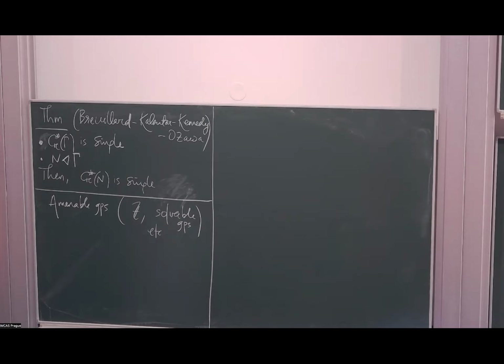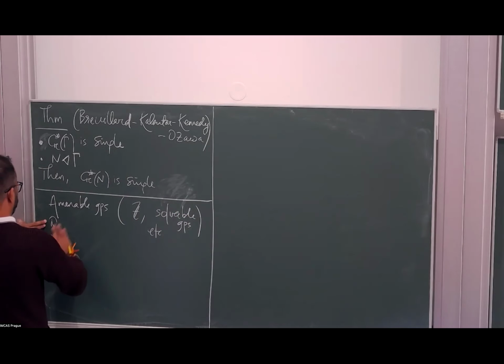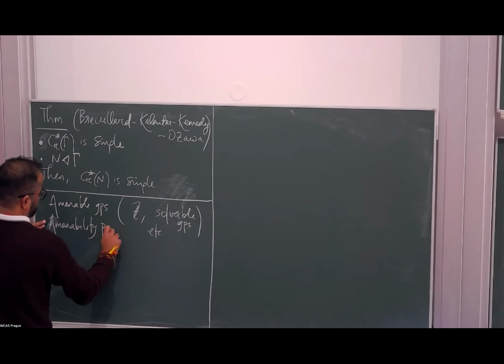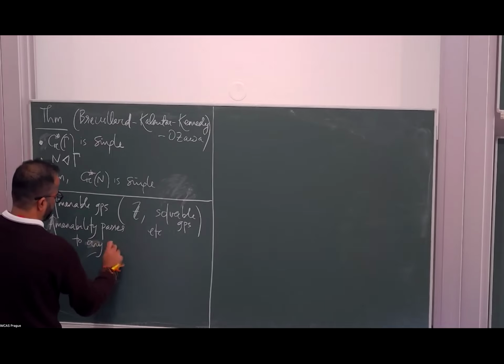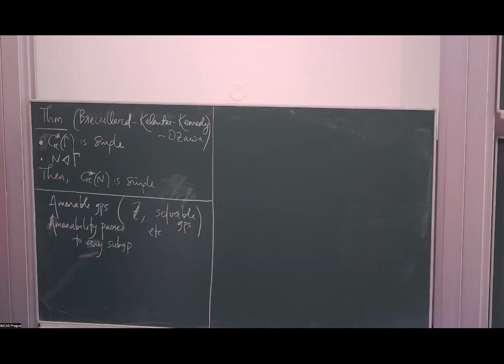You have many ideals. And here also, amenability passes to any subgroup. So in particular, it passes to normal subgroups. So normal subgroups inherit both C-star simplicity and the amenability property.